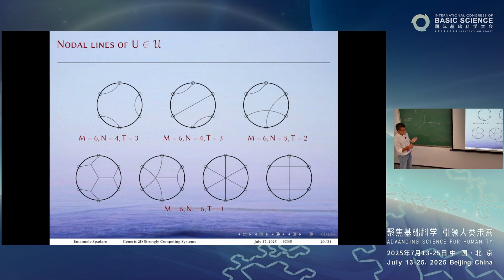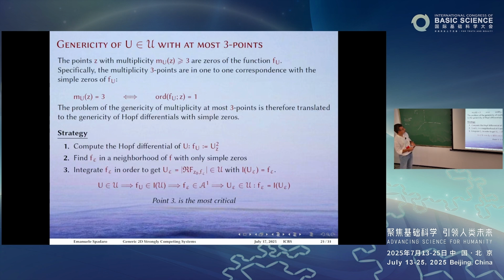Now, coming back to the main theorem, which was proving that solutions where higher multiplicity points arise are not generic, I explain to you how to fix this strategy. So let me repeat this strategy.